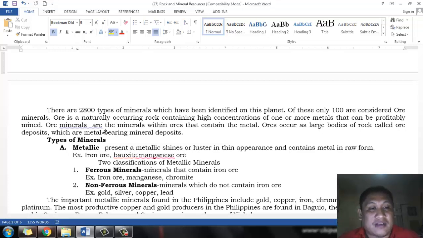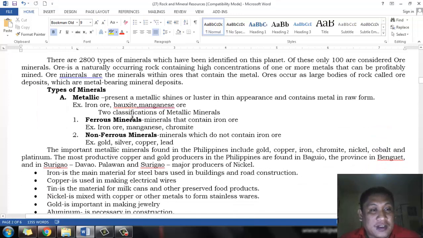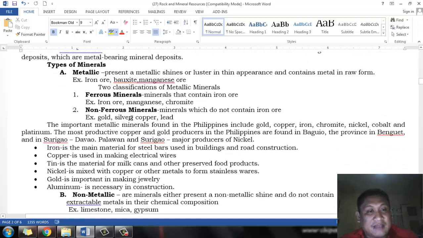So when we say ore minerals refer to these particular rocks that contains metallic minerals. Ores occurs as large bodies of rocks called ore deposits, which are metal-bearing mineral deposits. So there are types of minerals, metallic and non-metallic.